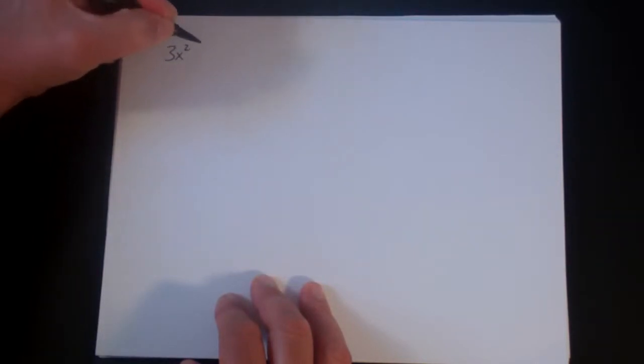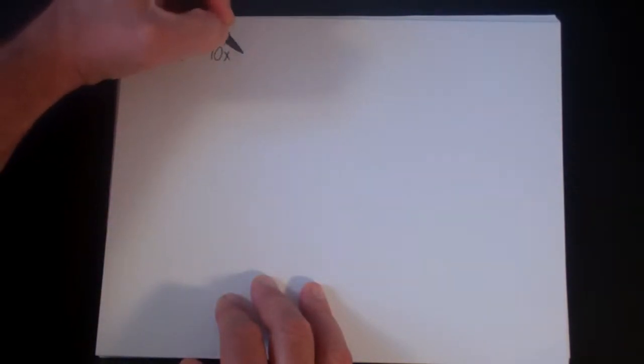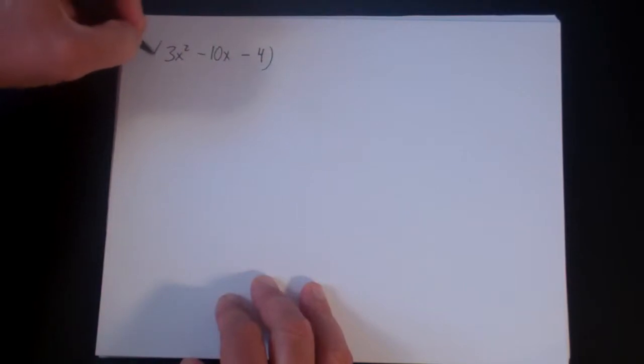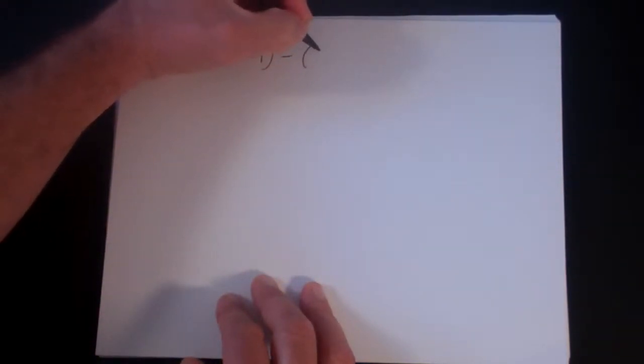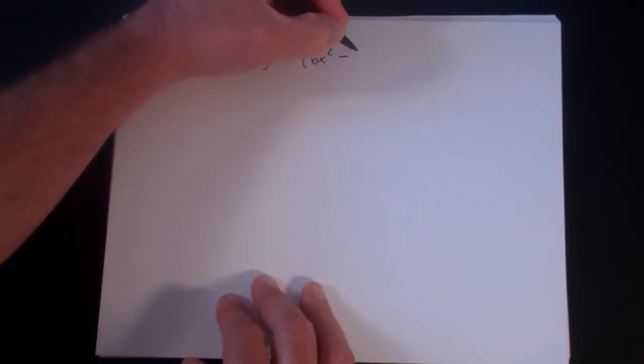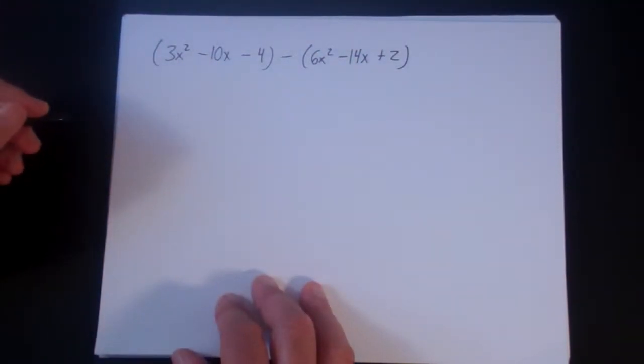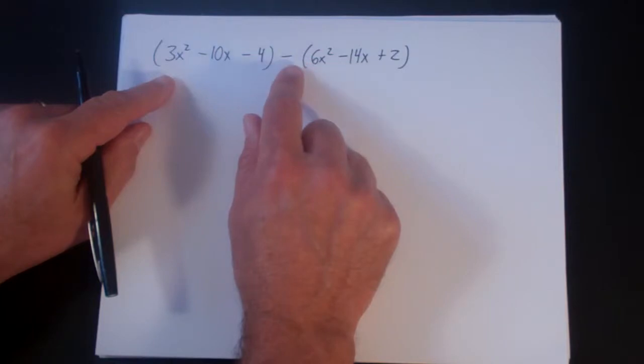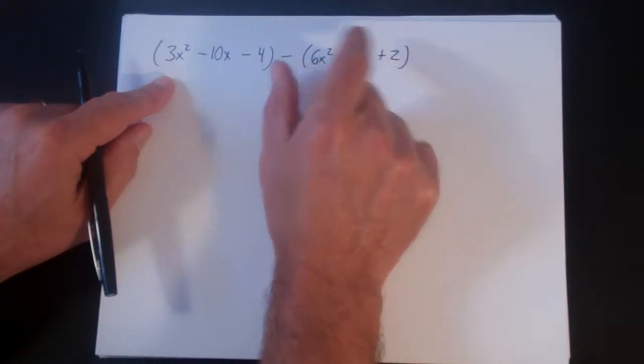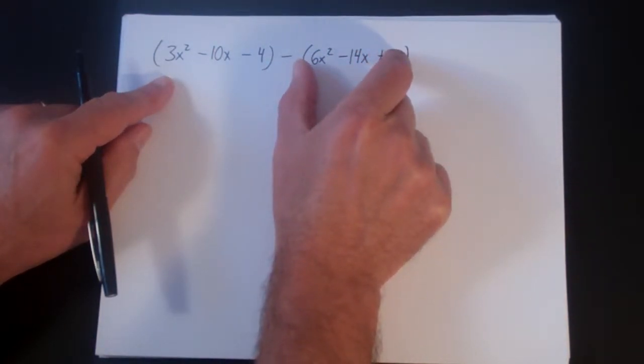Let's look at subtracting. A common subtracting problem would be 3x squared minus 10x minus 4, minus 6x squared minus 14x plus 2. The way you want to think about this is, since this is in parentheses, you're subtracting all of this.